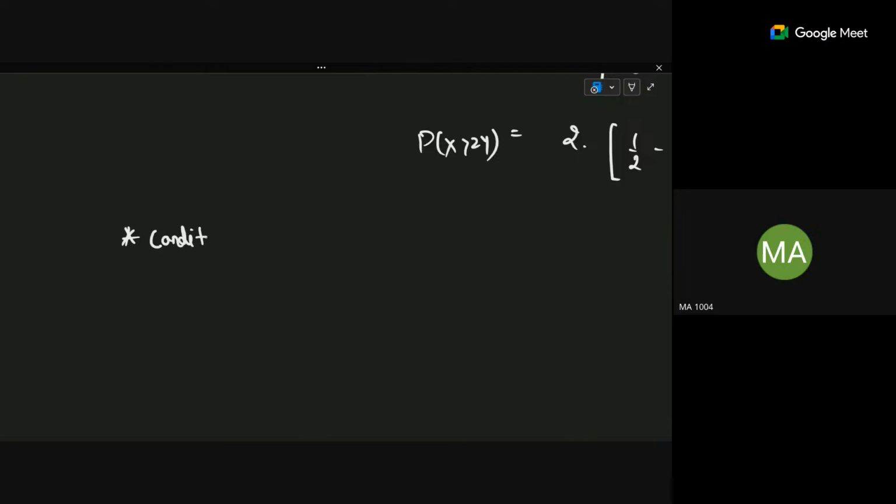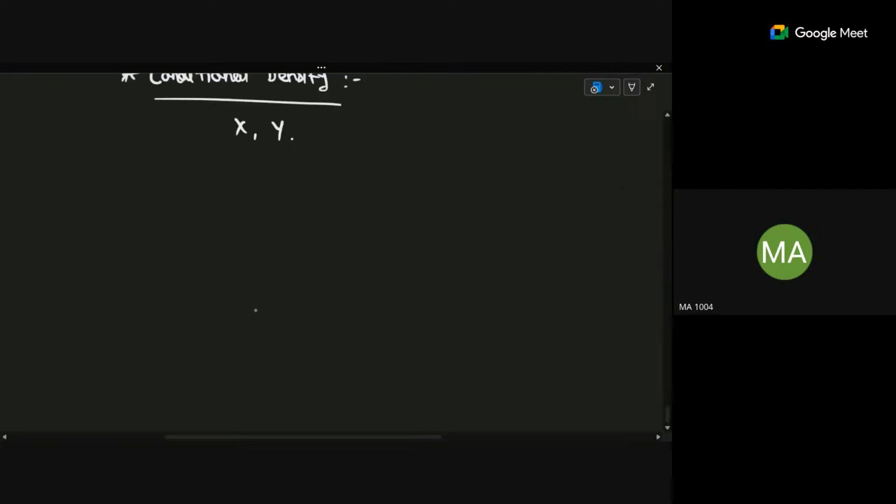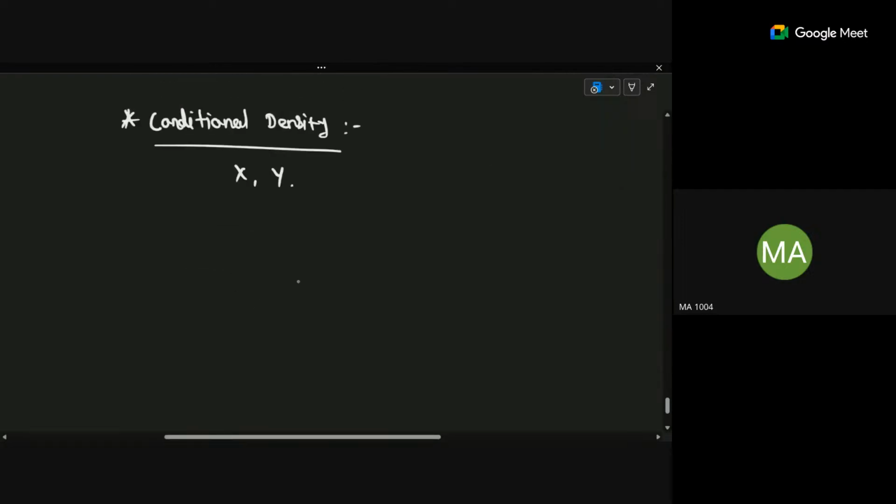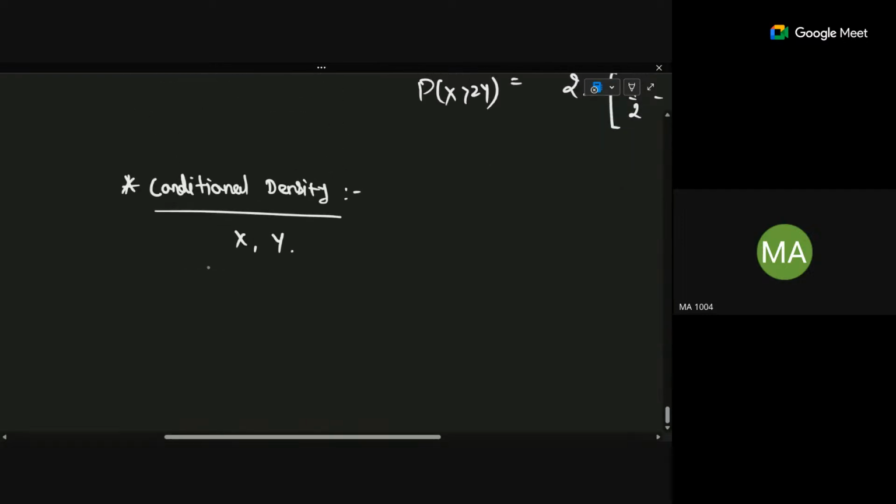What is it? Ma'am, it's joint by marginal. Okay, that is fine. If x and y are two random variables, then what is conditional density? That means one random variable has taken some particular value, and now what is the probability that another random variable is going to take some particular value?